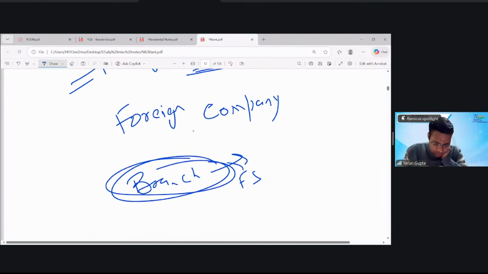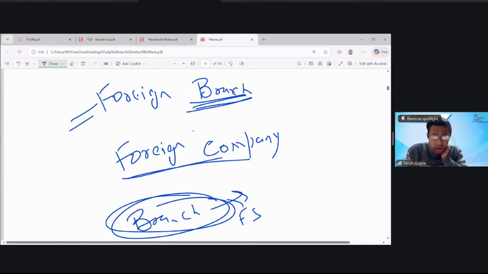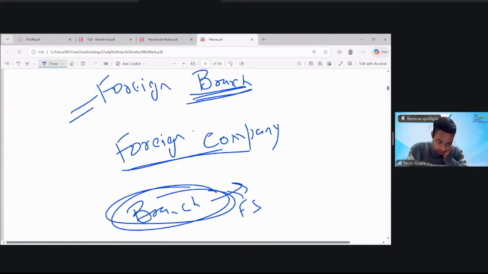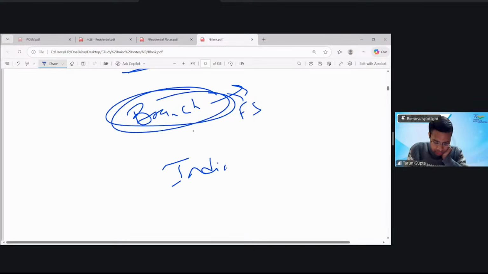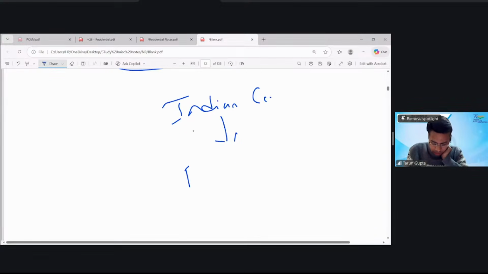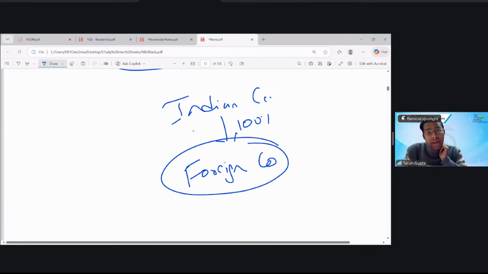So what they used to do is open a foreign company instead of a branch, a wholly owned subsidiary. So there is an Indian company. It has a 100% share of a foreign company. So the entire control is with the Indian company, but since it's incorporated as a company outside India, it's a separate legal entity.